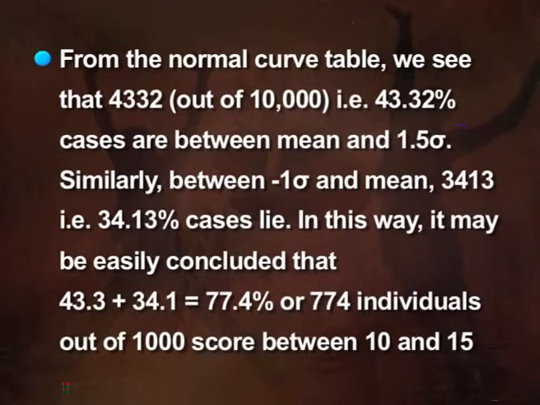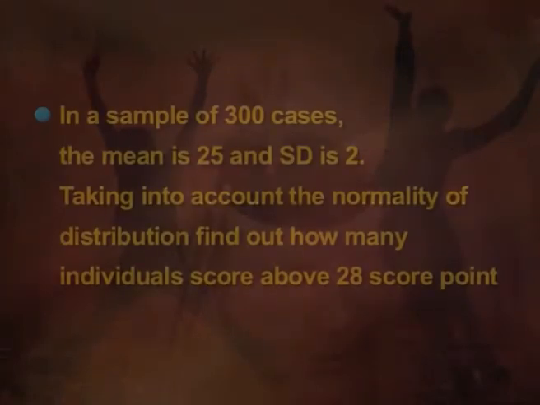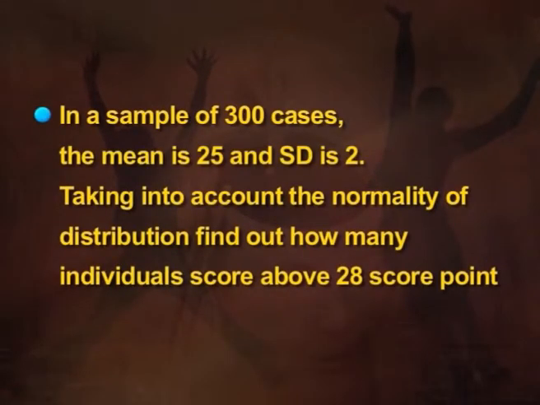We can see further in the next example of a problem whereby in a sample of 300 cases, the mean is 25 and SD is 2. Taking into account the normality of distribution, find out how many individuals score above 28 score point.